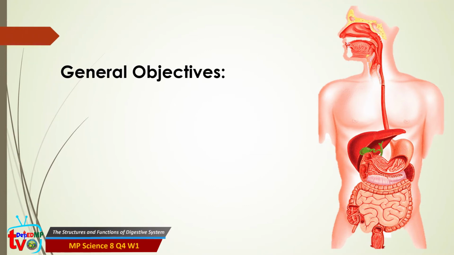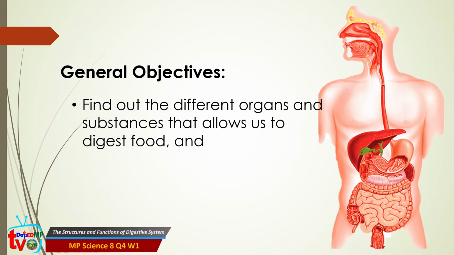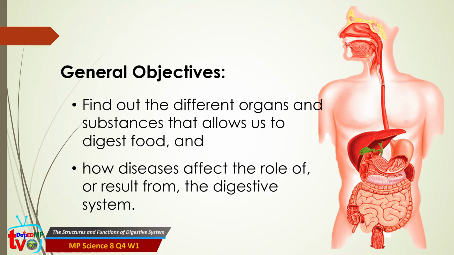In this module, you will find out the different organs and substances that allow us to digest food and how diseases affect the role of, or result from, the digestive system.